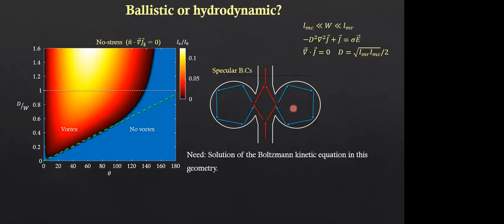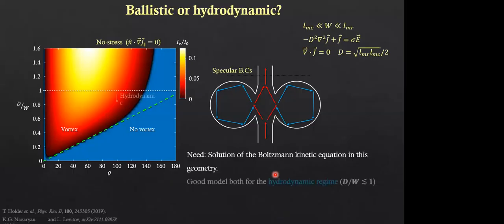But if we have to differentiate between the specular boundary condition and the one I have shown you, we have to have the solution of the Boltzmann kinetic equation in this particular geometry. Since that is very cumbersome, and simulation-wise it's very hard to do, we look back to experiments again.